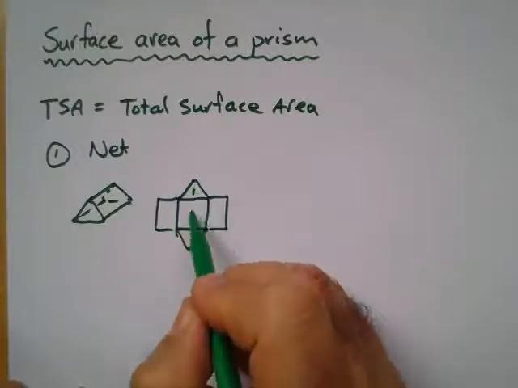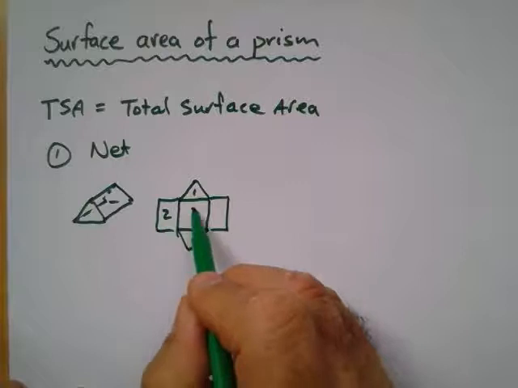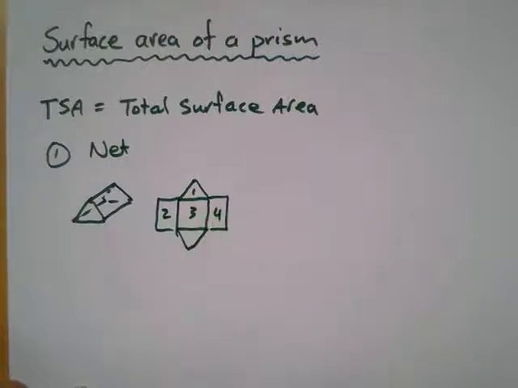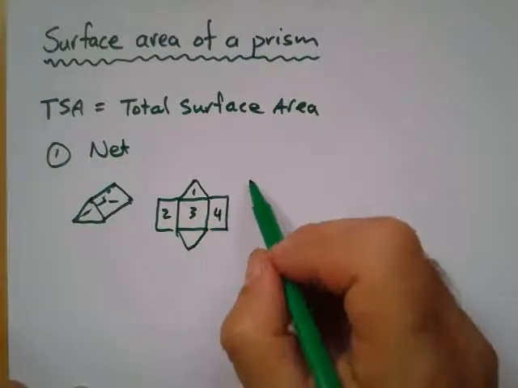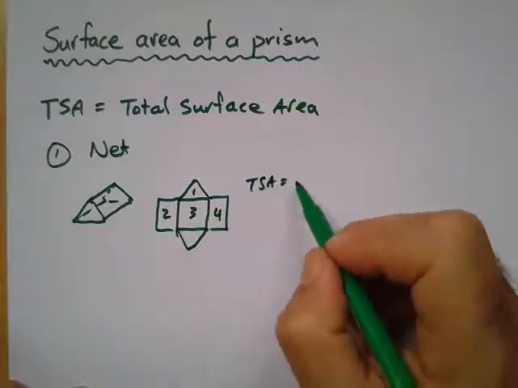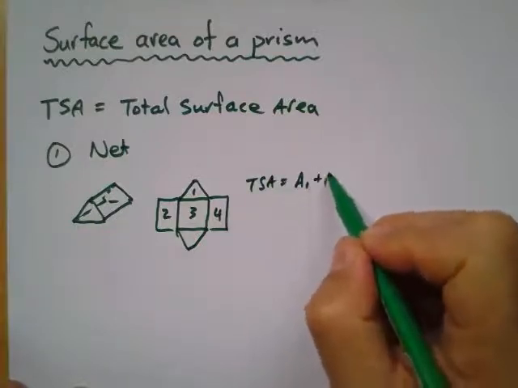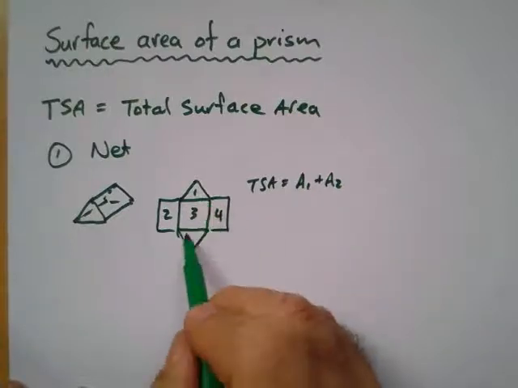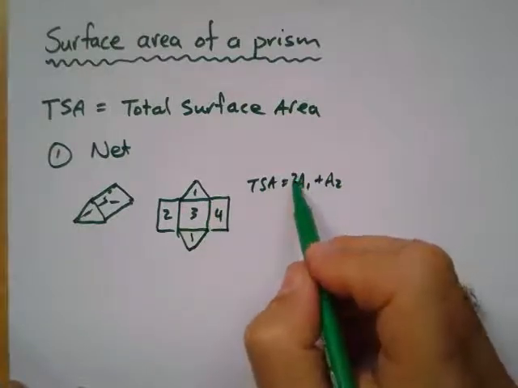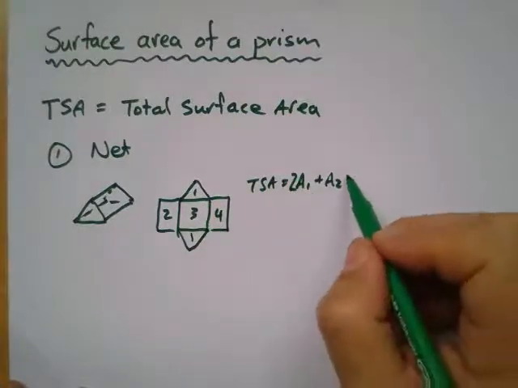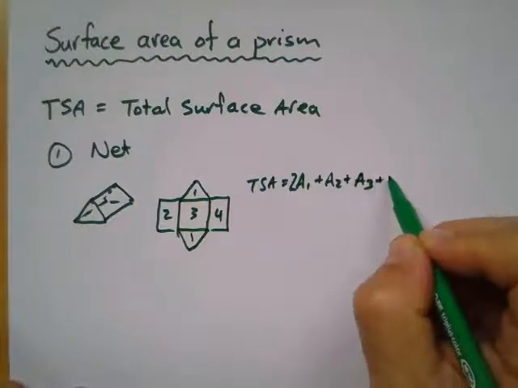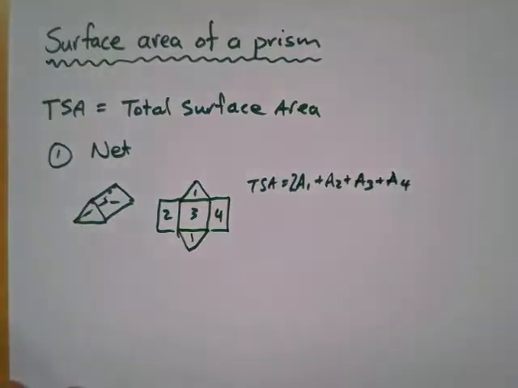Call this shape 1, shape 2, shape 3 and shape 4. Get the total surface area by calculating the area of 1 plus the area of 2. That will be 2 times area 1, because this one will be exactly the same, plus area 2 plus area 3 plus area 4.